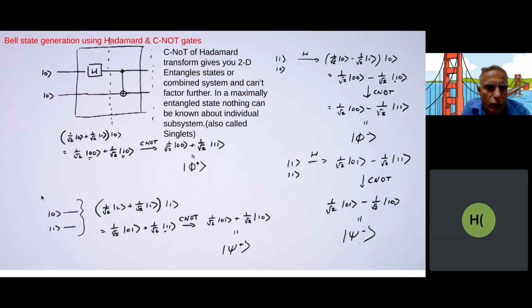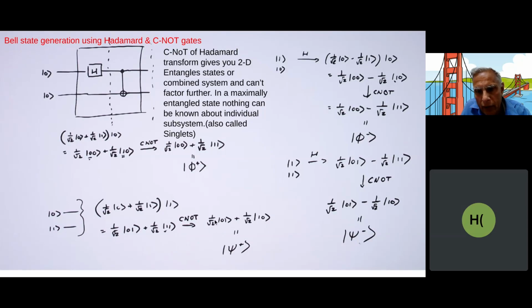Same way, instead of 0 0 we apply 0 1, we will get a similar result: 1 by root 2 ket 0 plus 1 by root 2 ket 1. This time, since we are applying a 1, the target bit gets flipped, that is, inverted.